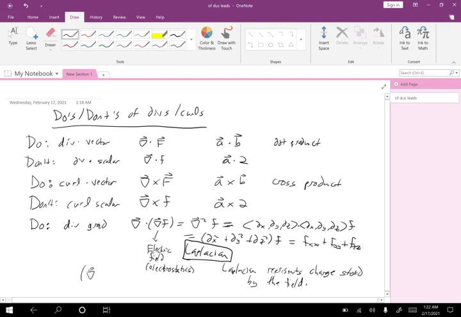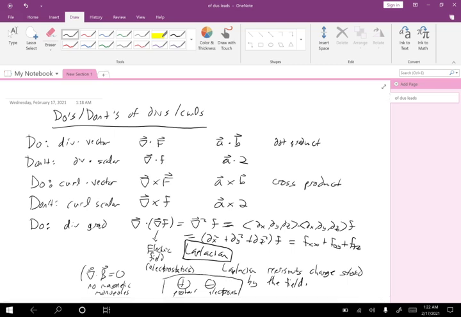Remember that the divergence of a magnetic field is 0, and that's because there are no magnetic monopoles. However, there are clearly electric monopoles, because you can have protons and electrons. And the Laplacian is the object that allows you to access these two objects.